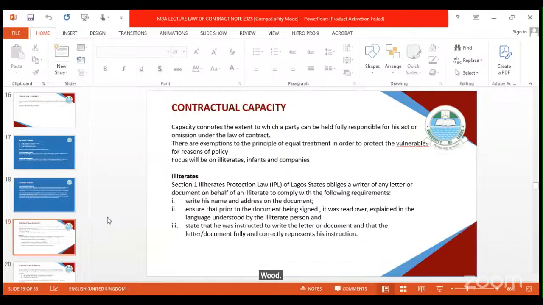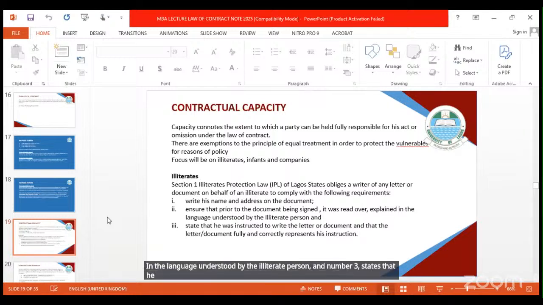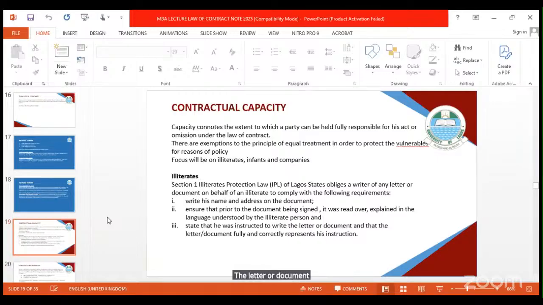Ensure that prior to the document being signed, it was read over, explained in the language understood by the illiterate person, and 3. State that he was instructed to write the letter or document and that the letter or document fully and correctly represents his instruction.